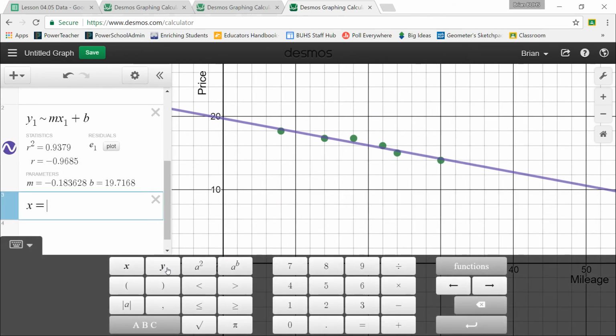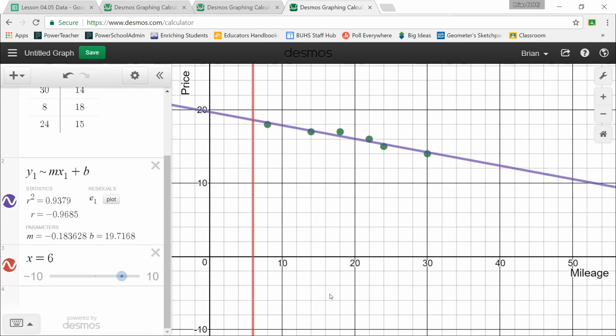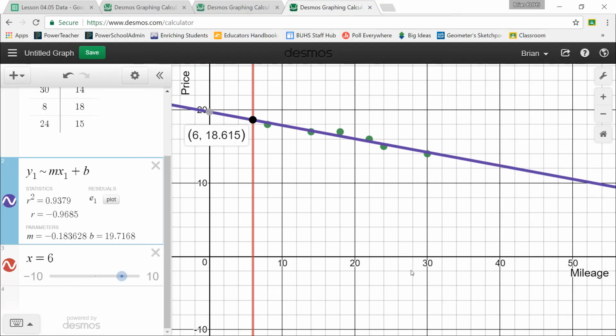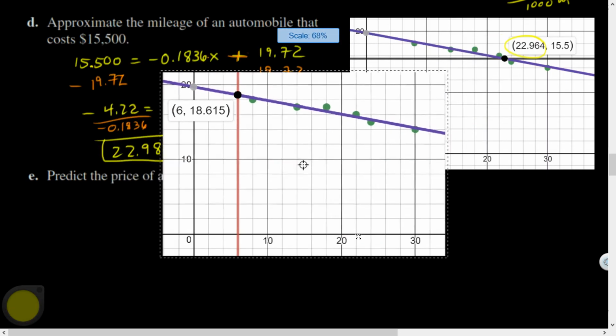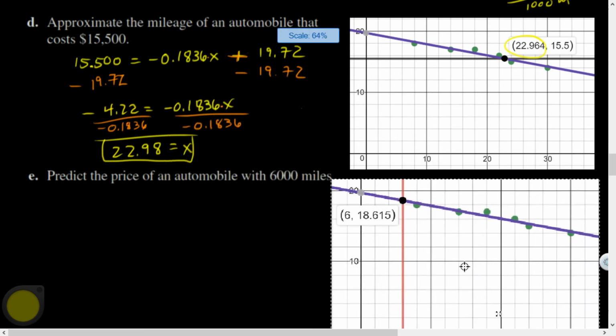I'll write x equals, instead of 6,000, it's just going to be 6, because the mileage was already in thousands. And I would be interested in what the y value is when x is that. And so this would be my answer. What is my answer graphically? And what does that 18.6 mean?